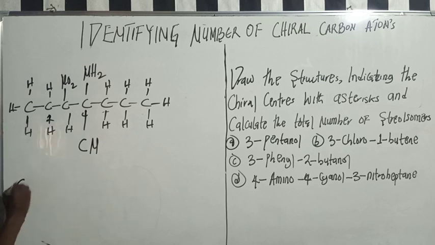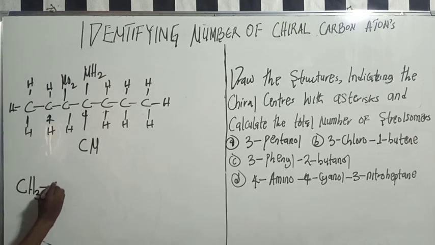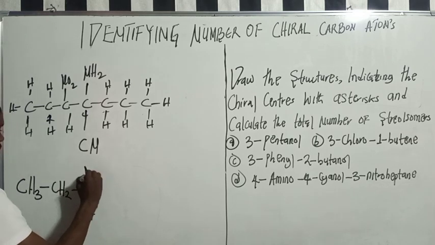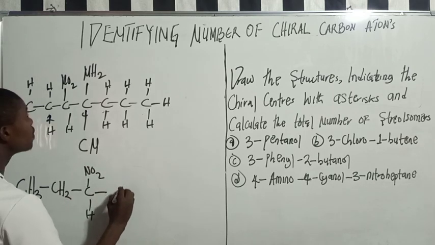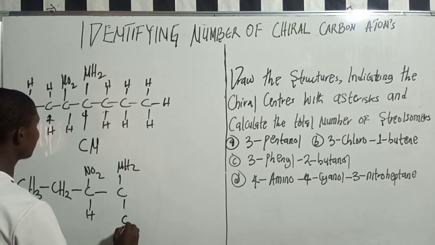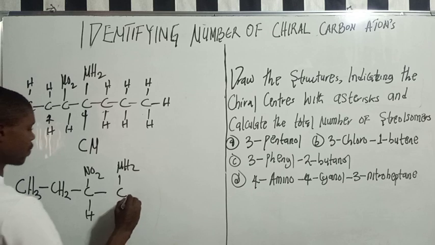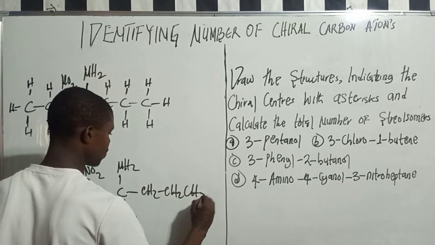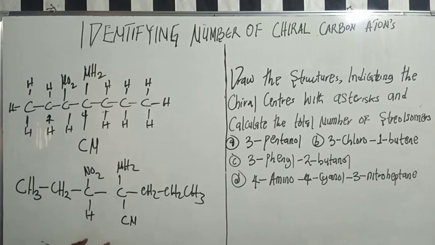Here we have CH3. Here we have CH2. Here we have C, hydrogen, and NO2. Here we have NH2. Here we have CN. Here we have CH2, CH2, CH2. Can you see that?